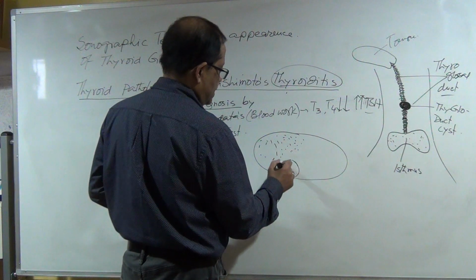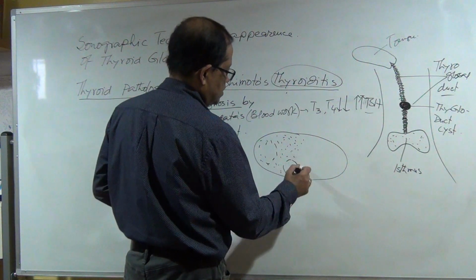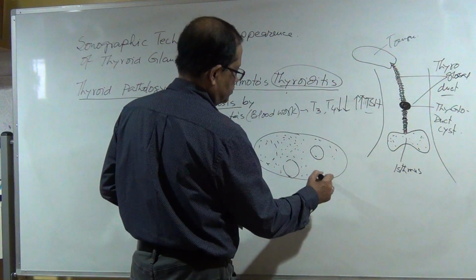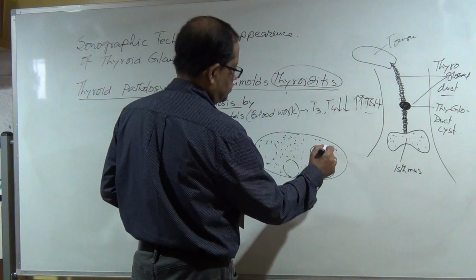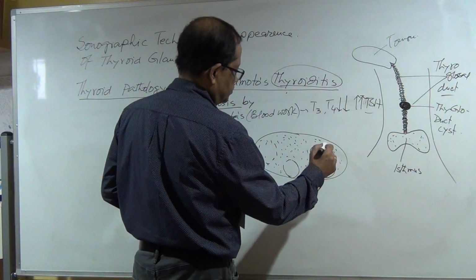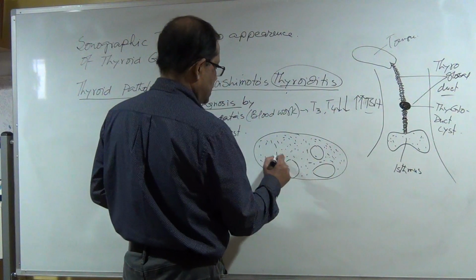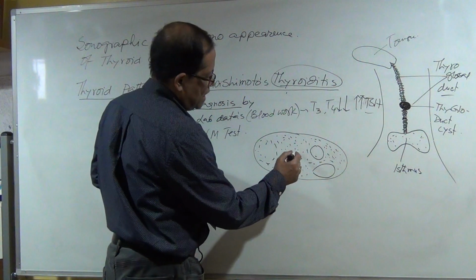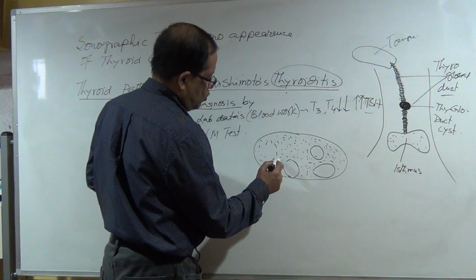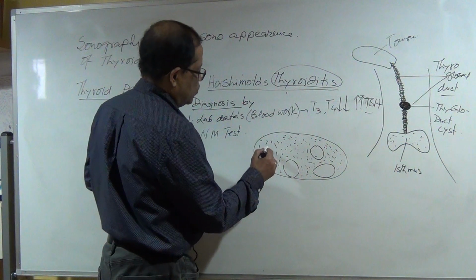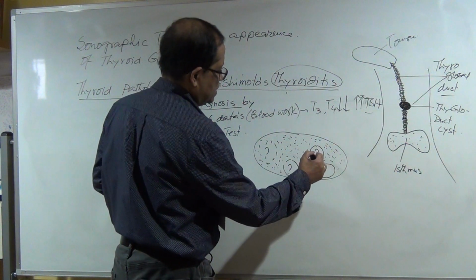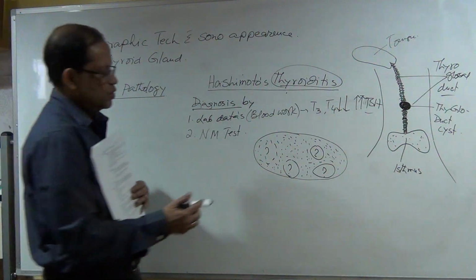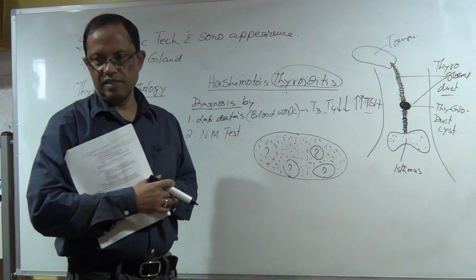There is no function. Some areas are good, but some areas are not. In the radioisotope test, the radioisotope is distributed over the thyroid gland, but why is there no radioactivity here? Because those tissues are dying or dead.